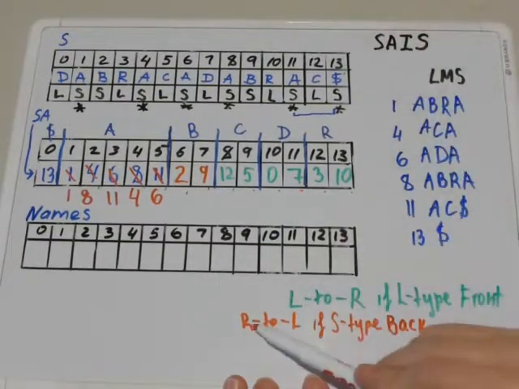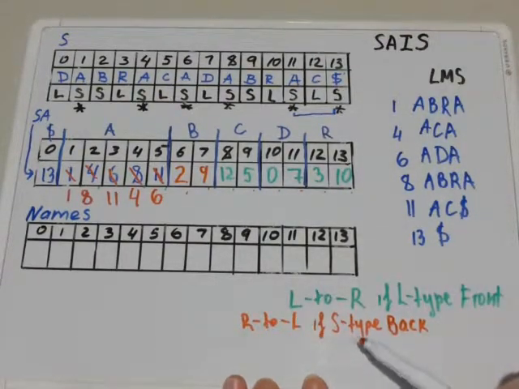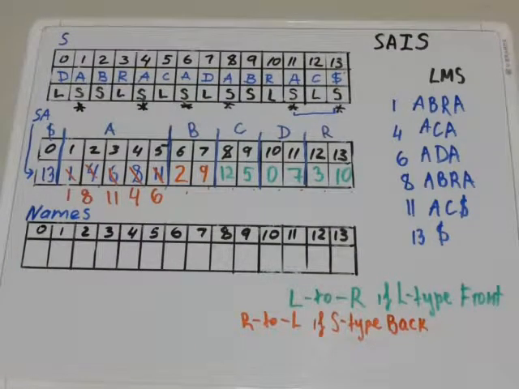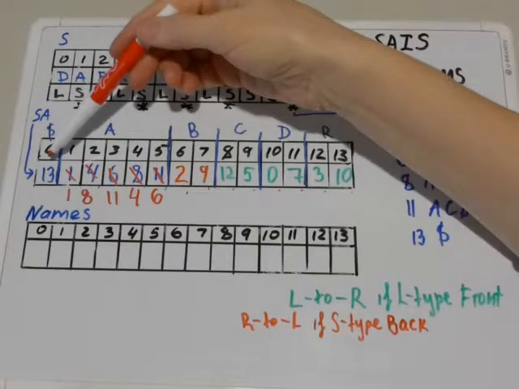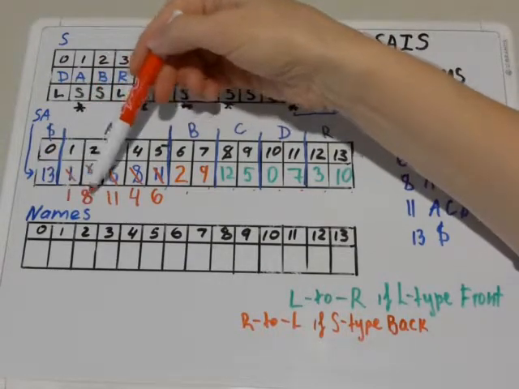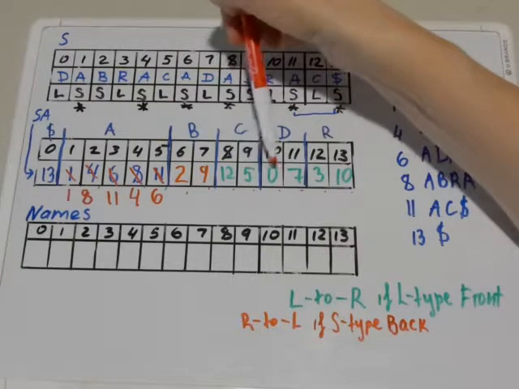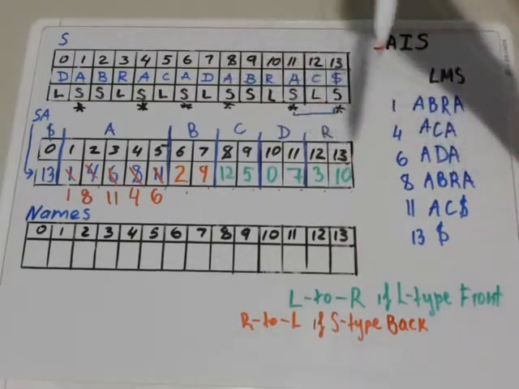We finished the right to left scanning of SA. At this point, our SA contains 13, 1, 8, 11, 4, 6, 2, 9, 12, 5, 0, 7, 3, 10.